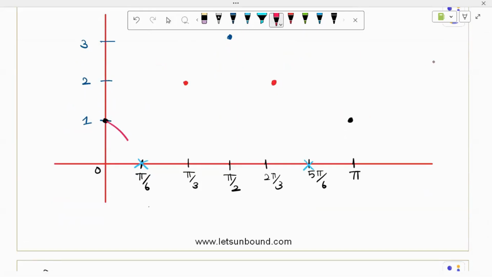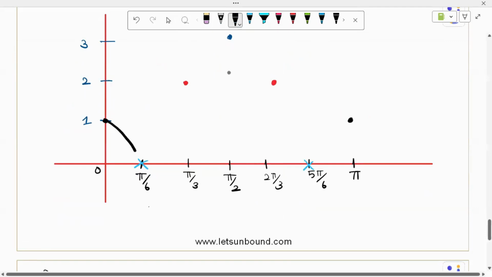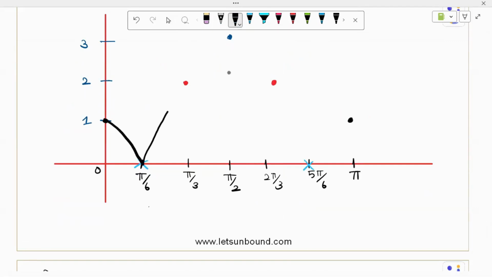So it's 0, then it goes to, okay, let me choose a better color. From here to here, and then from here it rises, and it goes like this. It should touch anyways.